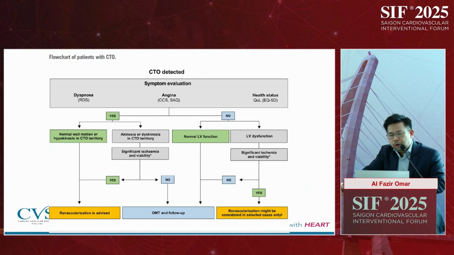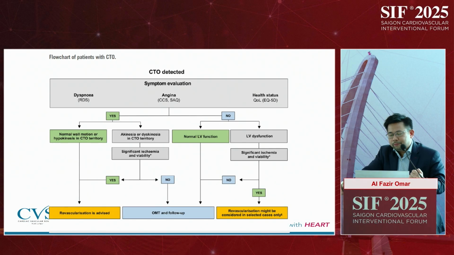So, in your practice, when you see a CTO detected, then you really have to check whether they have symptoms of shortness of breath, you have angina, you do your health status. I'm not sure how many of us actually do a questionnaire on quality of life when they come into your clinic with CTO lesions. So if you have angina, then it's quite easy. And then if you have normal wall motion or hypokinesia in the CTO territory, then you will go towards revascularization.